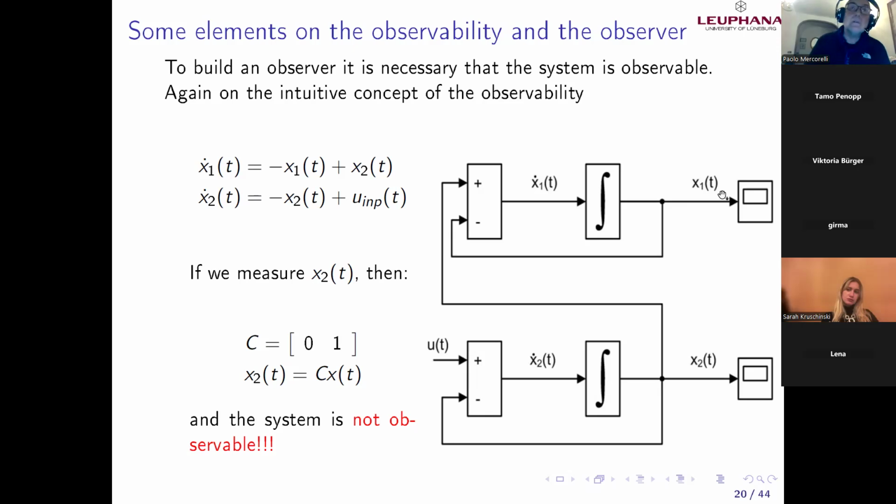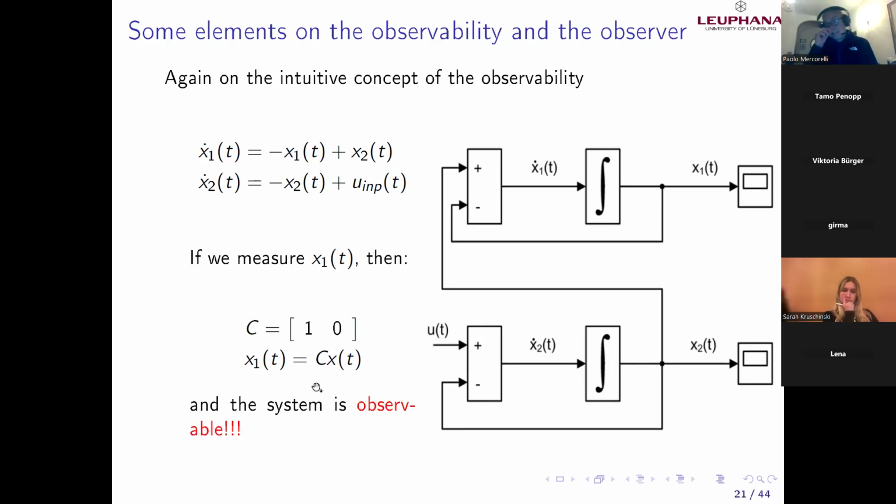Because x1 is not connected with x2. The matrix C, the matrix of the measurements, is 0, 1. Why? Because you remember, C will multiply the vector x. X is not written here, but consists of two components, x1 and x2. And the matrix 0, 1 means that what I am measuring is x2. Look here. C, which is 0, 1, multiplies the column vector x1 and x2, clearly giving x2.